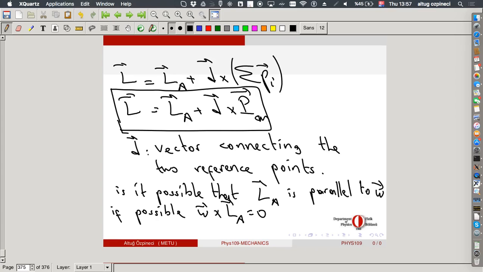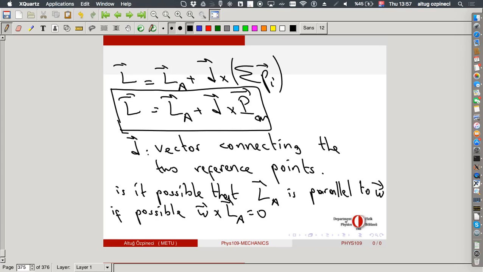Suppose you choose one reference point, and then you calculate the angular momentum relative to that reference point. That is what you get, L. Then you want to find this point A, or this vector D, such that LA would be parallel to omega. That's what we are trying to do now.